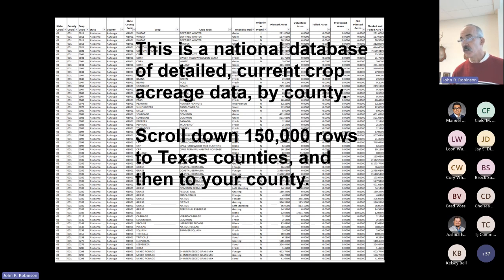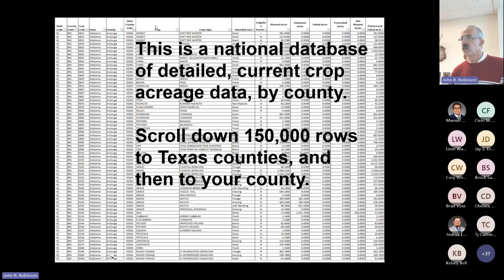You can scroll down 150,000 rows, or you go up to the very top column, the column header, the 4th column where it says state, and you click on that little downward pointing arrow, and it'll pull down a menu, and you can pick Texas, and you can get there a lot faster by picking Texas out of that 4th column and picking your county name out of that 5th column. And even if you do that, there'll be 50 rows of a bunch of obscure vegetable and garden crops and truck crops in addition to the major crops.